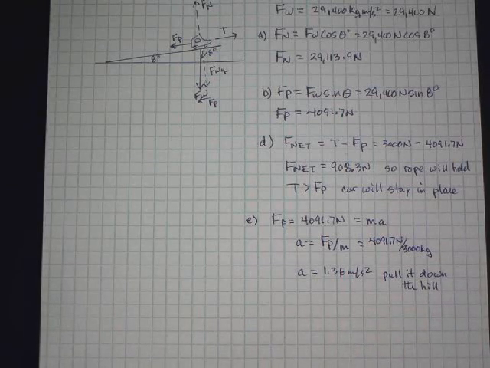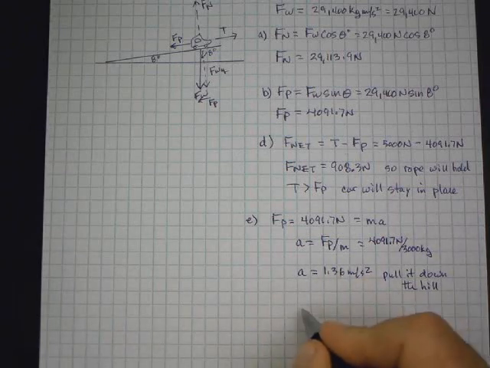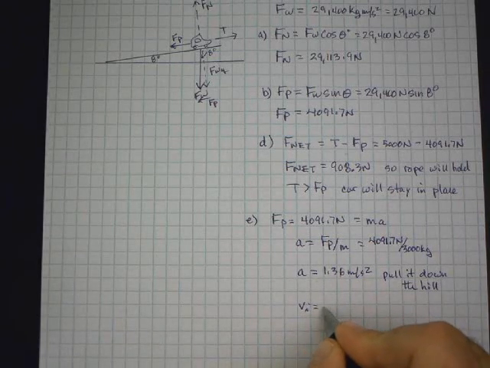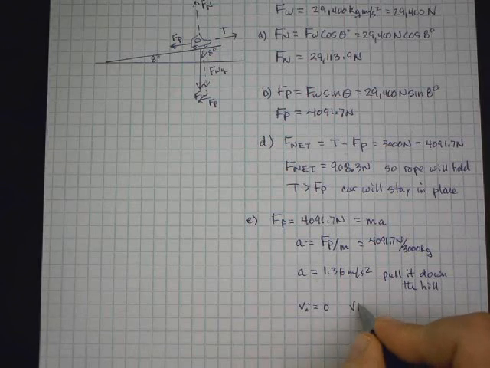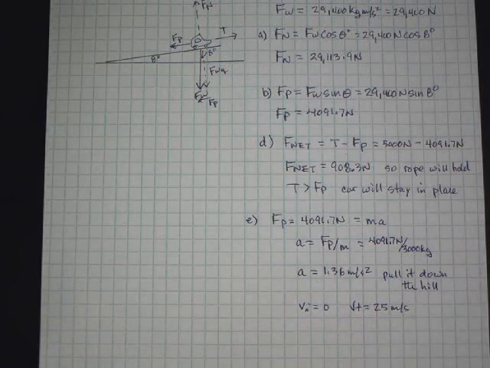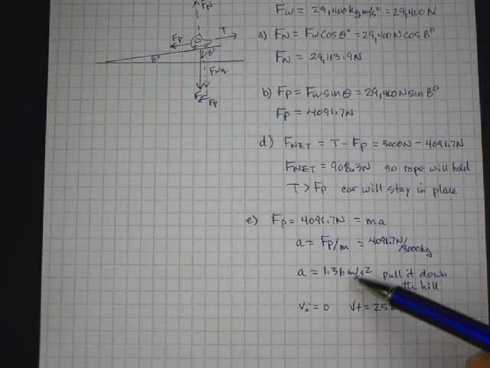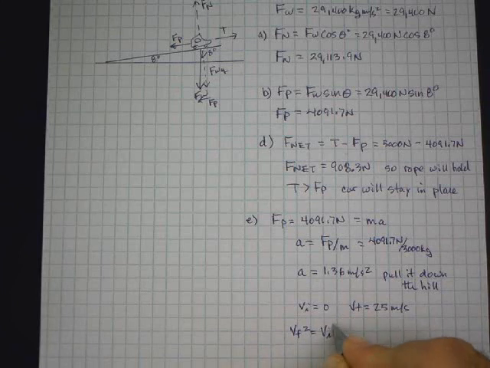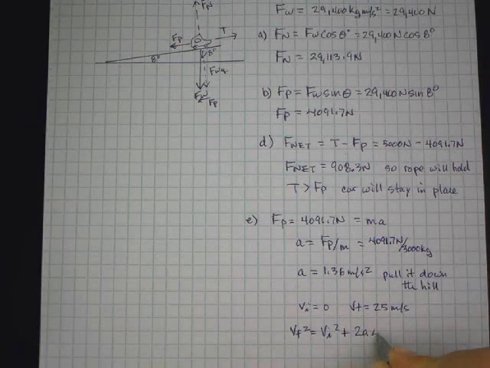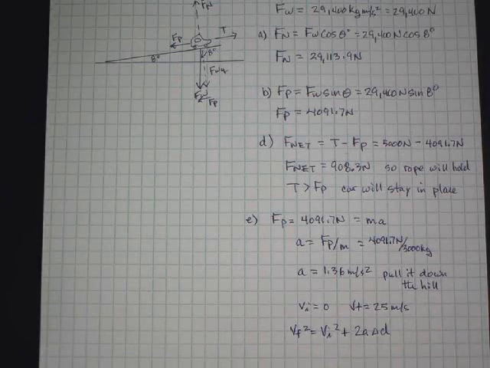Now, the rope broke. Up until that point, the car wasn't moving, so my VI is 0. The question is, how far will the car have moved by the time we get to VF is 25 meters per second? So I have a, I have VI, I have VF. I can use my third equation of motion. Again, the VI is 0.